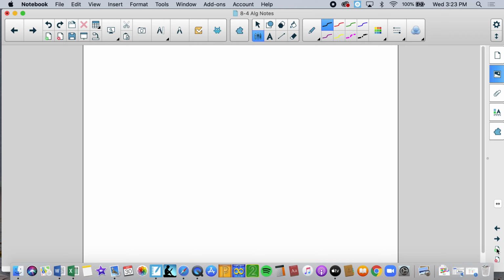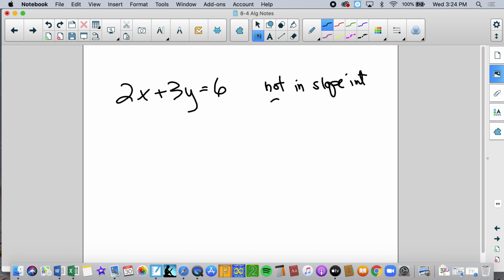When we have equations like this, 2x plus 3y equals 6, this is not in slope-intercept form because y is not isolated. So this is actually in standard form. So what do we need to do in order to get it in slope-intercept form?